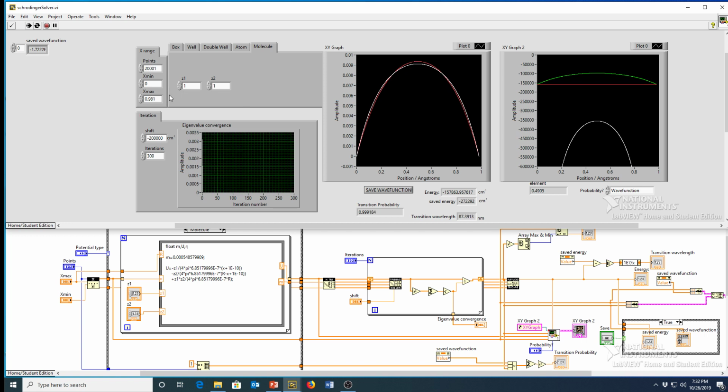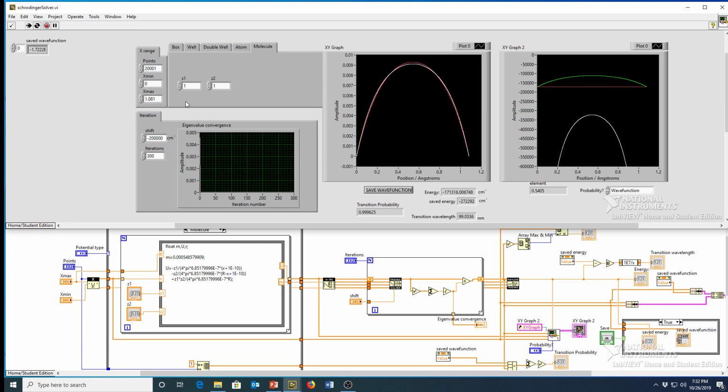So what is the equilibrium bond length of this H2 plus molecule? Well, it's wherever the energy is the lowest, which seems to be right about, just looking at that number, still getting lower.